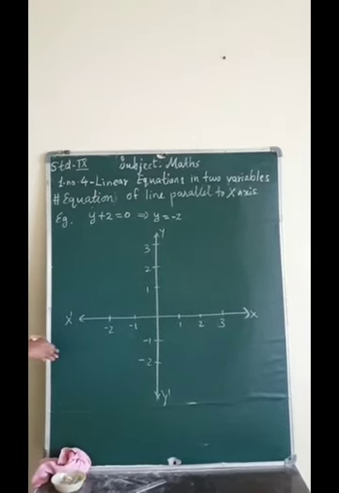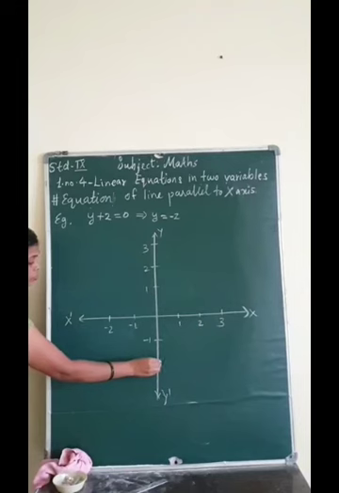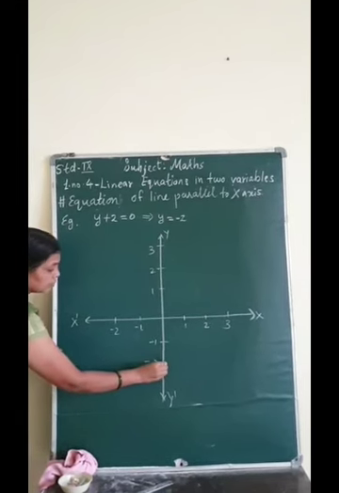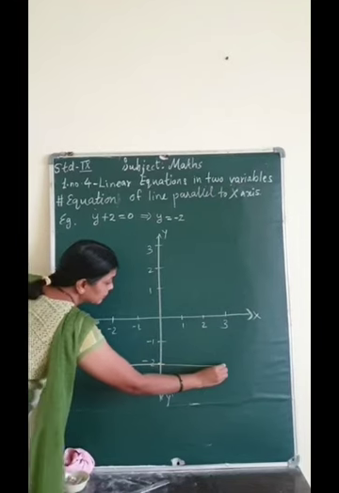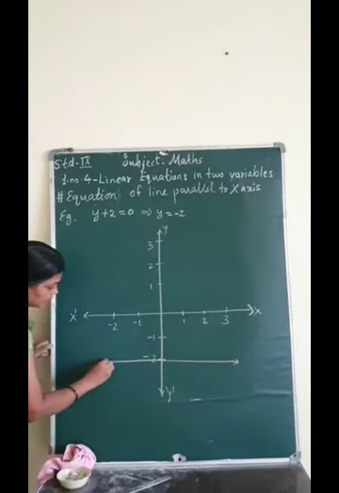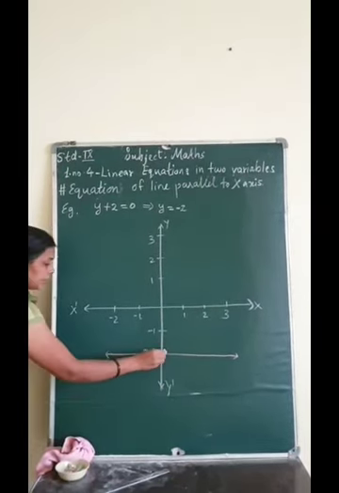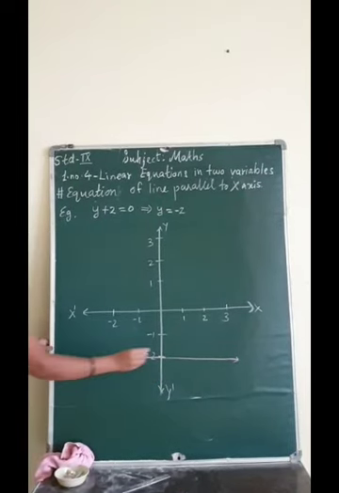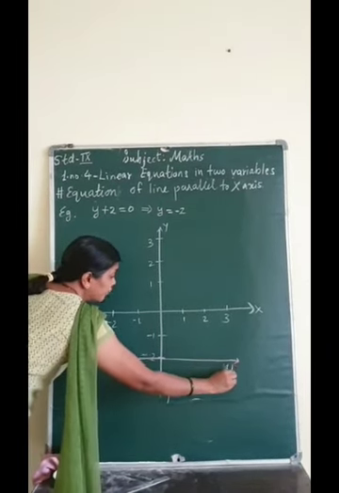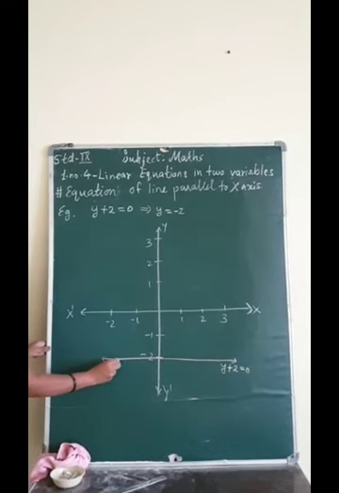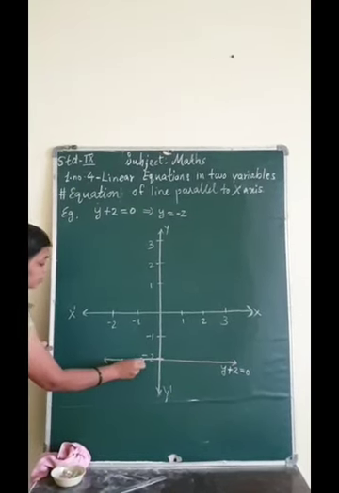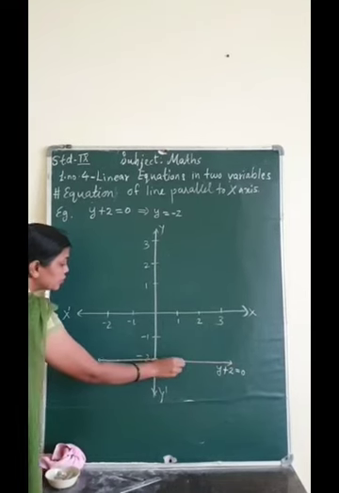So a line passing through minus 2 is representing the equation y plus 2 is equal to 0, and all the points on this line are solutions of this equation.